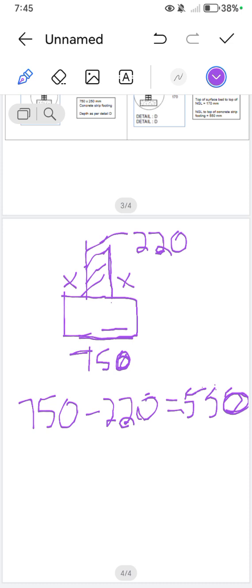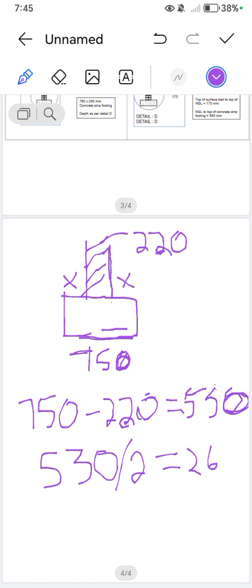Okay, so now we have this 530, then we divide it by 2 because we have two sides, either side of the wall. Then we are left with 265. So this is 265 in millimeters. If you convert it to meters, you're going to have 0.27.